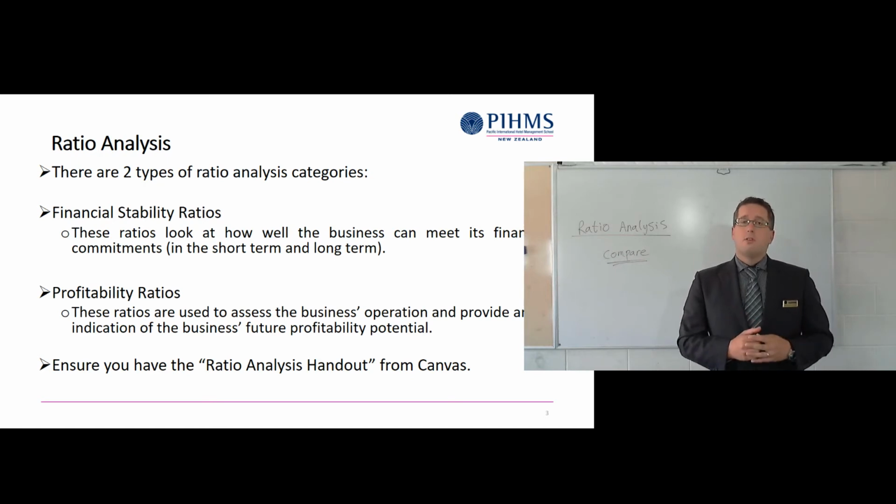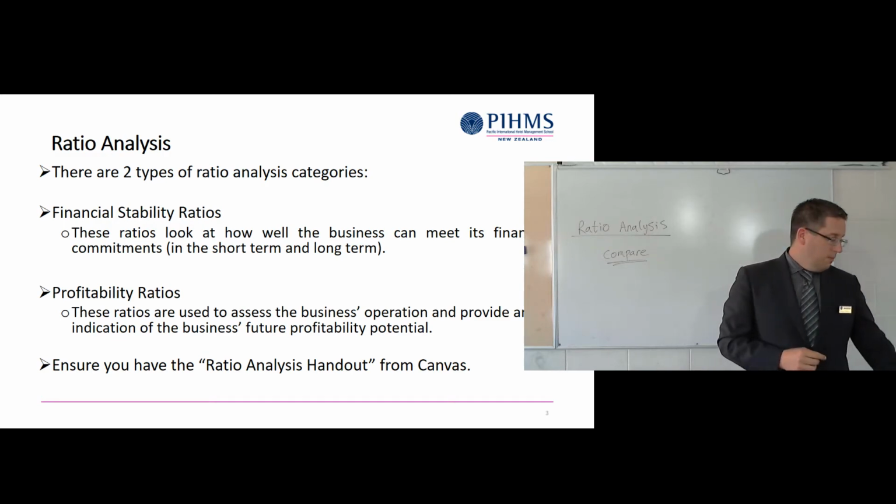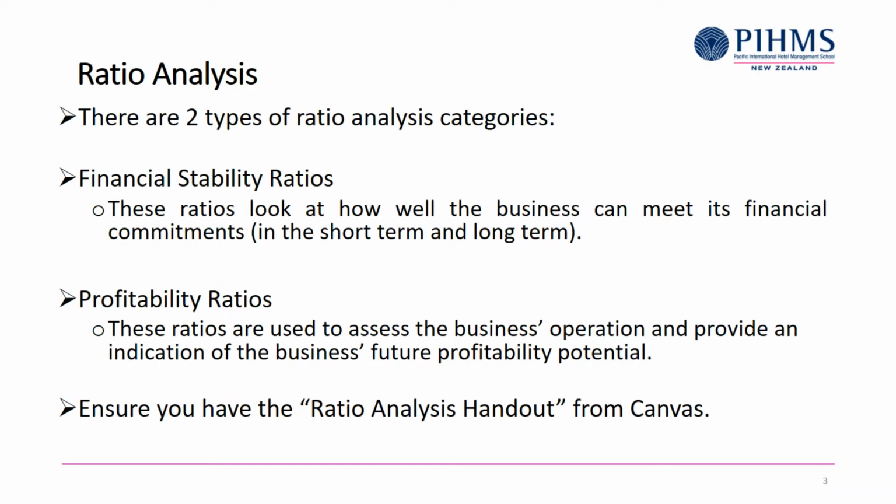So that's the focus of the first group, financial stability ratios. The second category, you'll see there, are profitability or performance ratios. And they're used to assess the business's operation and their future potential, profitability potential.